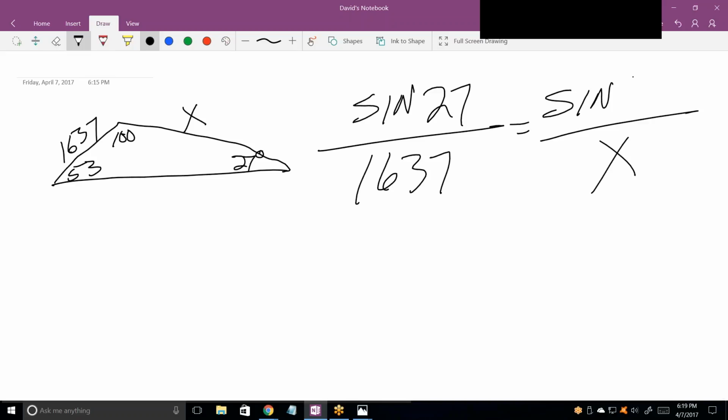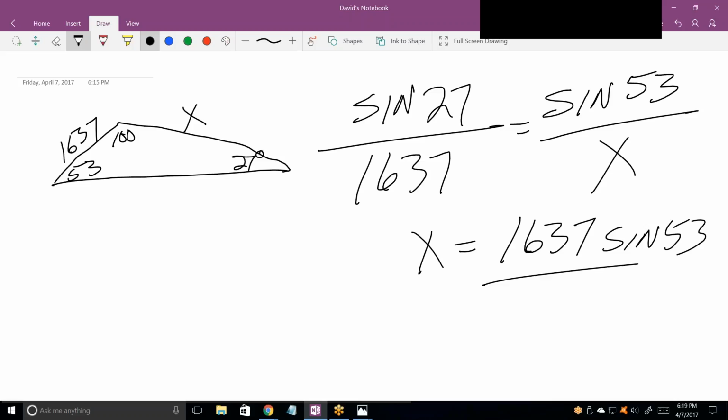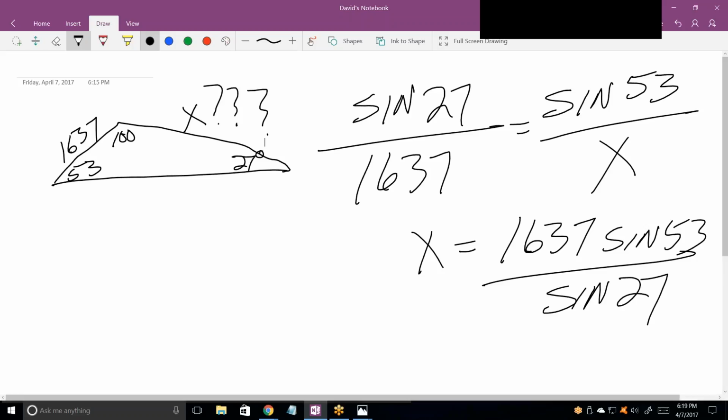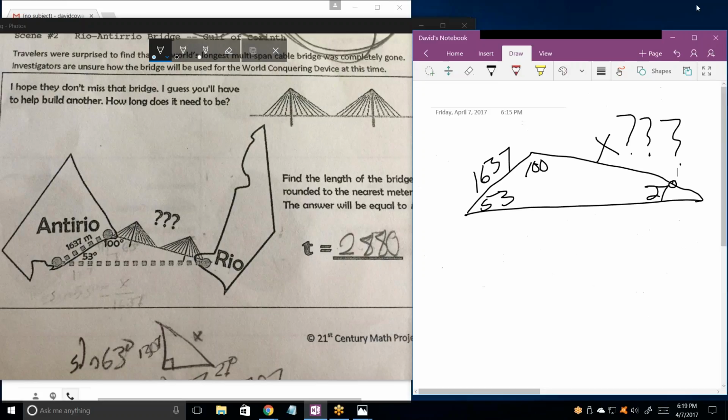Yeah. And now that only has one variable. In other words, that's a number, that's a number, that's a number. X is going to be, if I cross multiply and divide by sine of 27, that's what that distance is, that they have said question mark, question mark, question mark. Right.